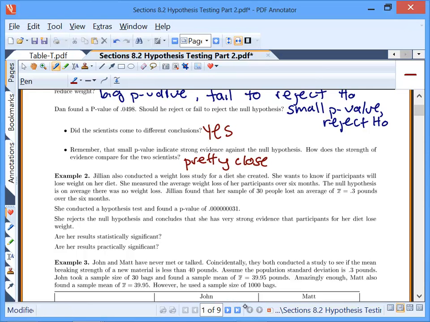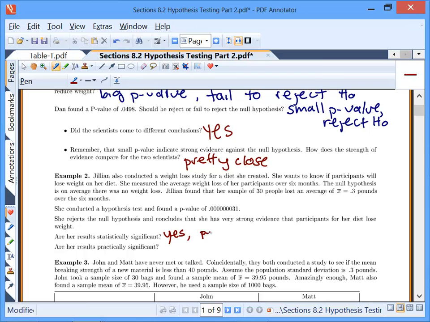Okay. She rejects the null hypothesis and concludes that she has very, very strong evidence that the participants on her diet are going to lose weight. Because that p-value is so small, she has extremely strong evidence that they lost weight. So are her results statistically significant?